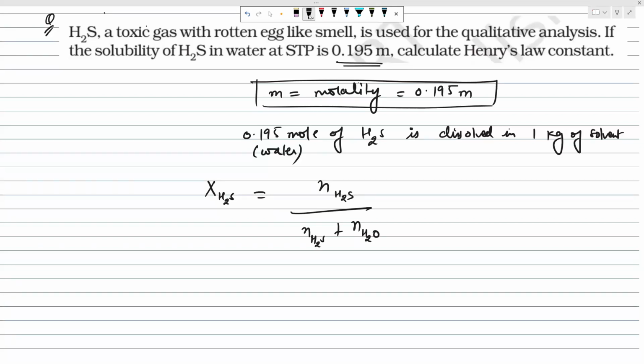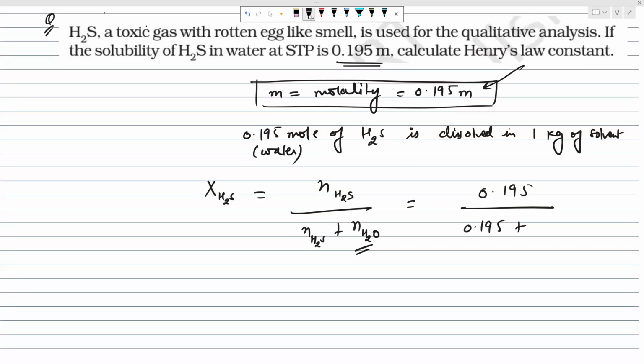The number of moles of H2S given to you is 0.195. Now calculate the number of moles of water in 1 kg of solvent, and you need to keep that in mind always.